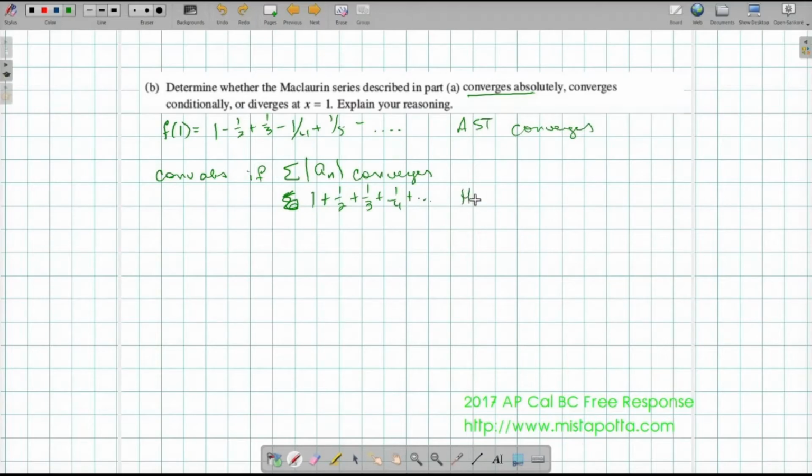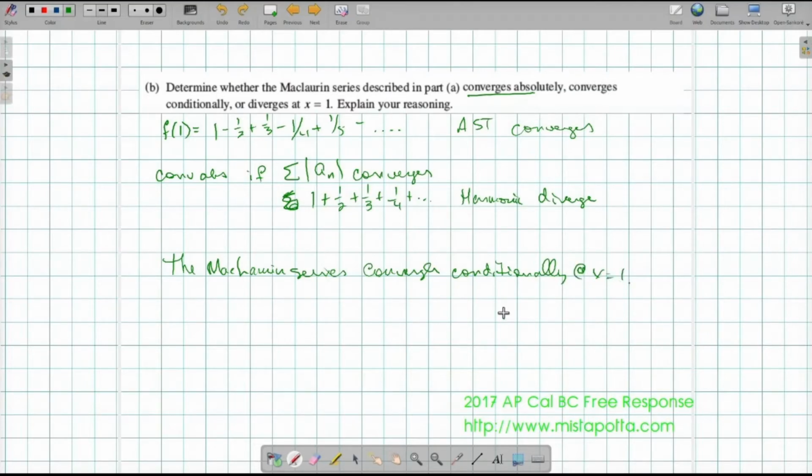And this is a harmonic series. So this diverges. So the Maclaurin series converges conditionally at x equals 1.